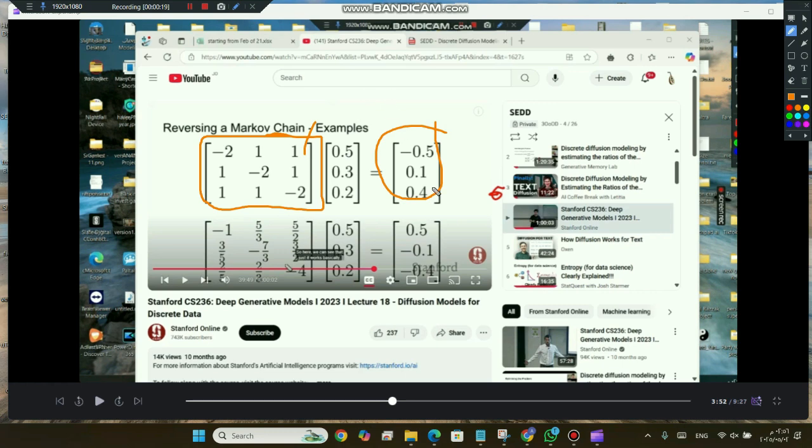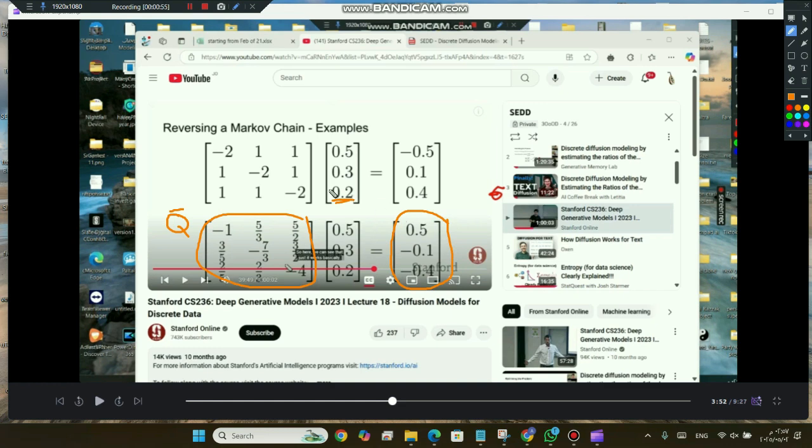Now, what does the Q inverse mean? Let me remind you again. The Q inverse is actually the matrix which, if you multiply by the same vector, you will get the exact opposite vector over here.